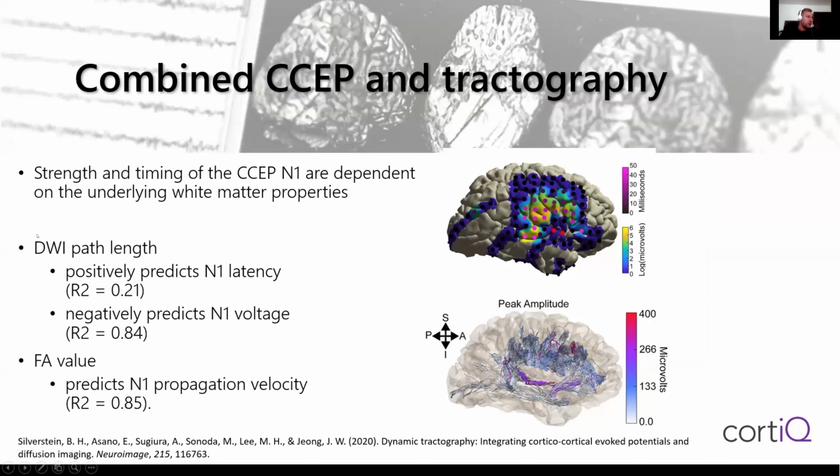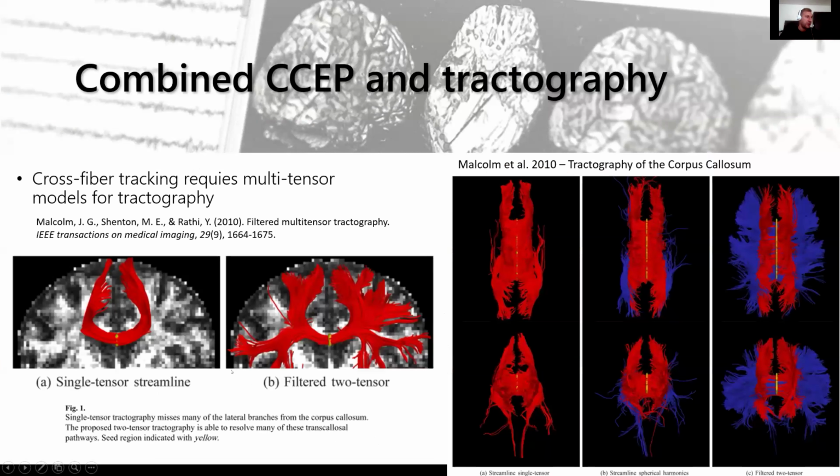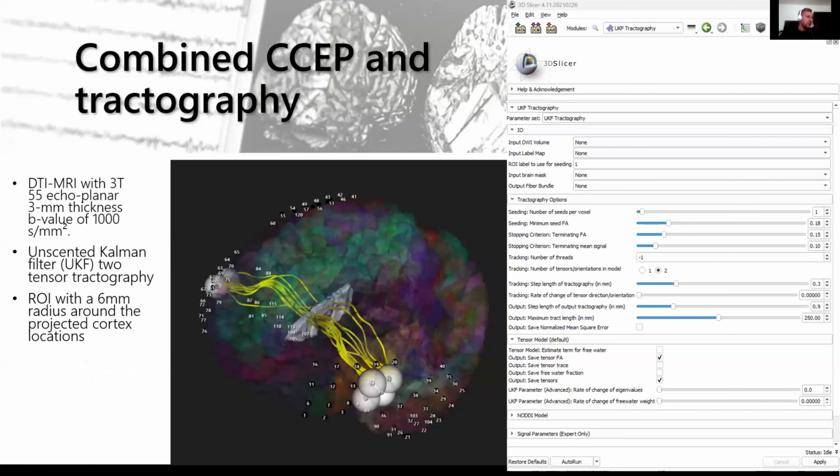And there's already a good study that shows how the waveform of the CCEP actually correlates to the path length and also the FA value or the propagation velocity in the fibers. And important to understand is that, for example, with the Dracula output, we cannot nicely get these crossing fibers. So for this, we have to choose an alternative technique.